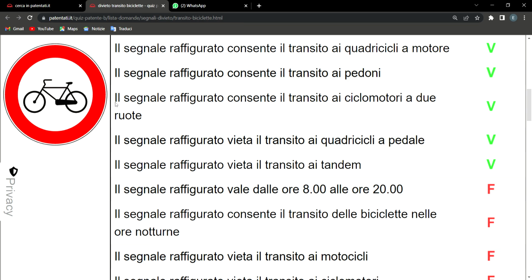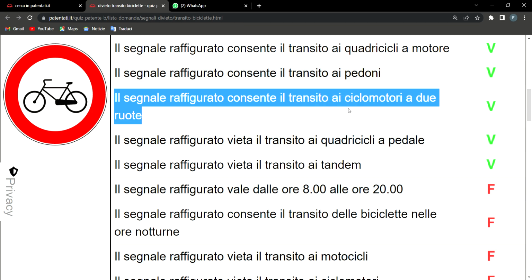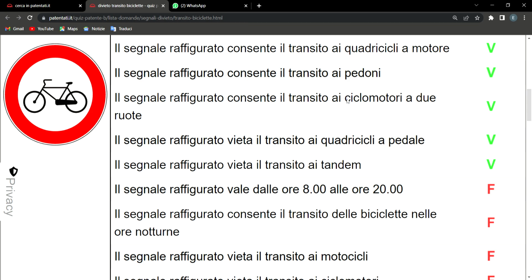So another one again, say il segnale raffigurato consente il transito ai ciclomotore a due ruote. So it says this very sign permits the transit of ciclomotore a due ruote. When we are talking about ciclomotore, it's more like a motorcycle. But the reason why it's not a motorcycle is that it does not have the same engine that a motorcycle has. So it's like a bicycle, but it has an engine, more like a motorbike.